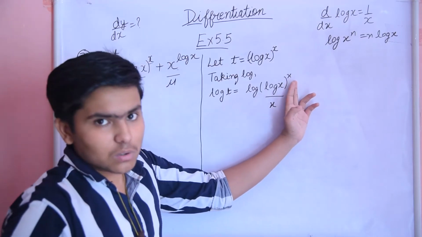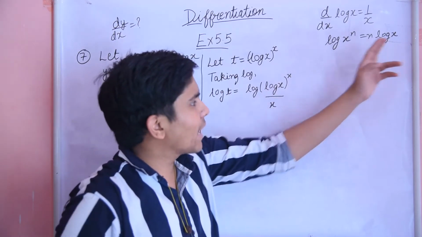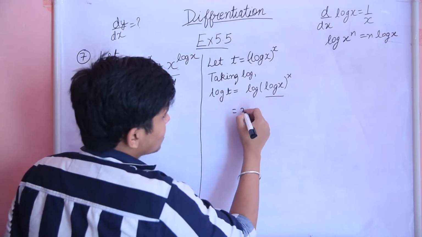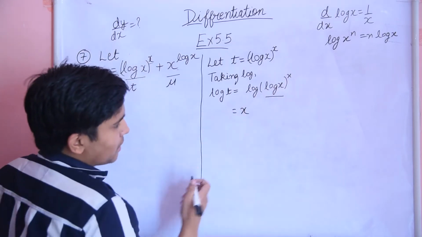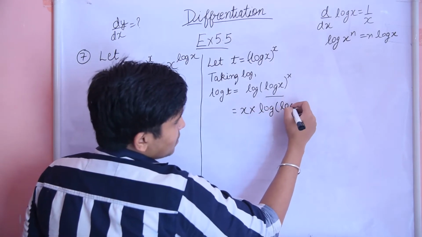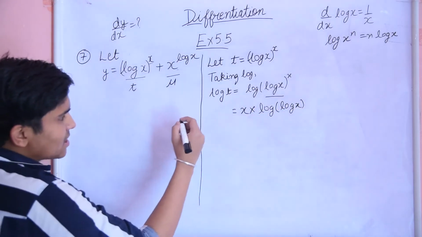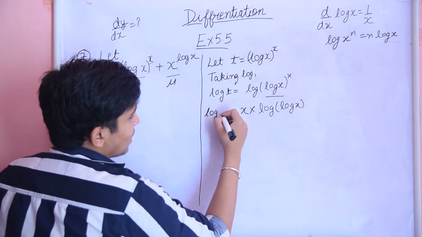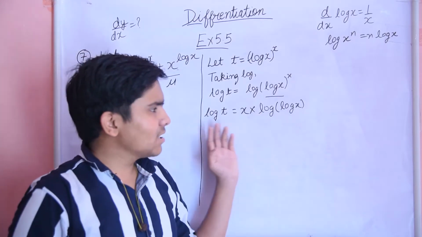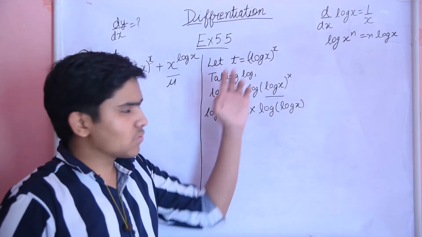Here we have n equals x. So x comes to the front and gets multiplied, and we have x into log(log x), and on the LHS we have log t. This is the simplified form of this function.